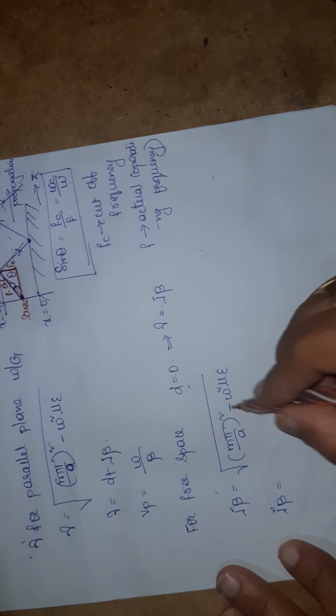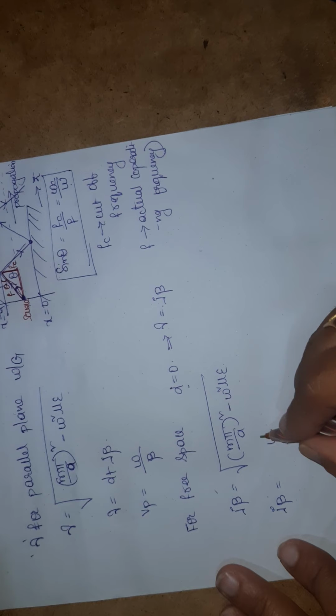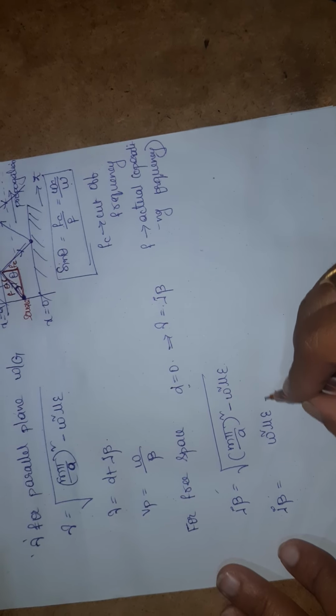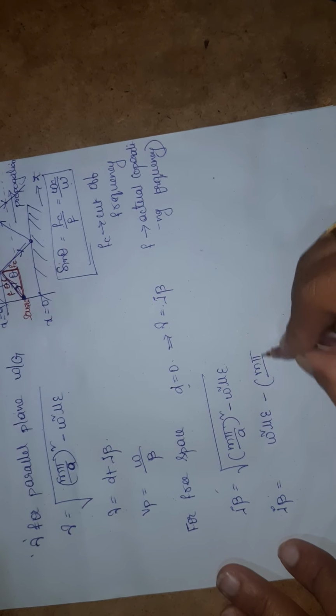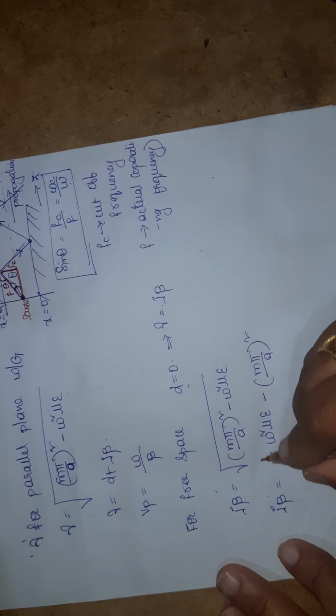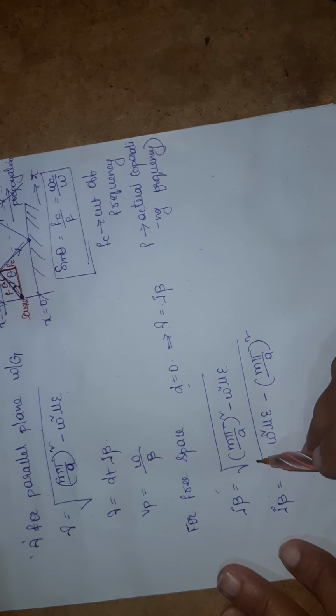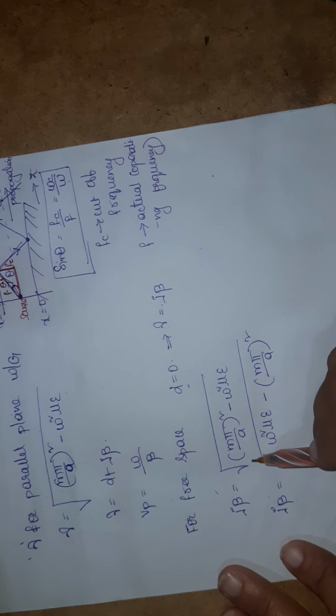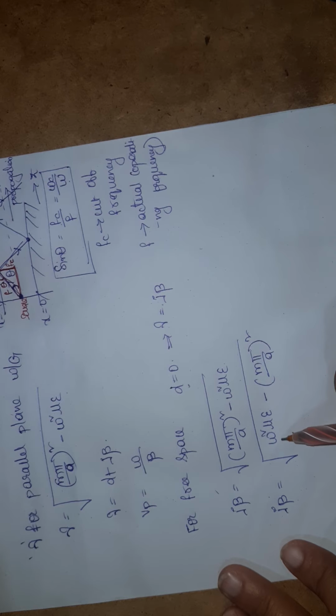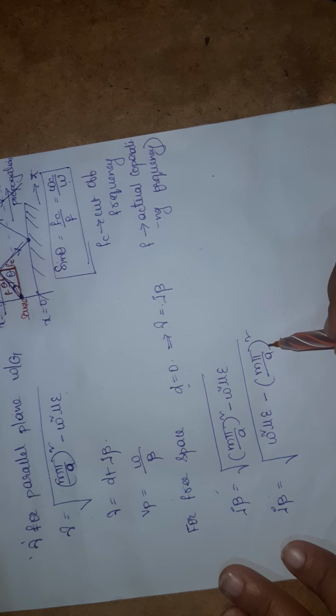So here I am writing omega square mu epsilon minus (m pi by a) whole square. What we did here, I have taken minus as a common factor. If I take minus common, I'll get omega square mu epsilon minus (m pi by a) whole square.